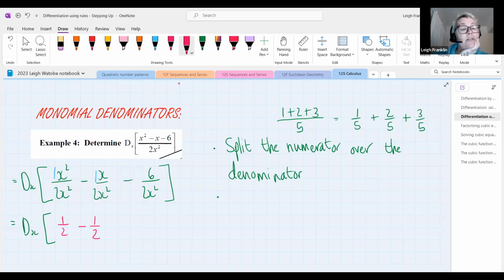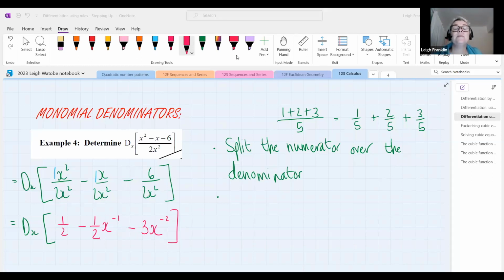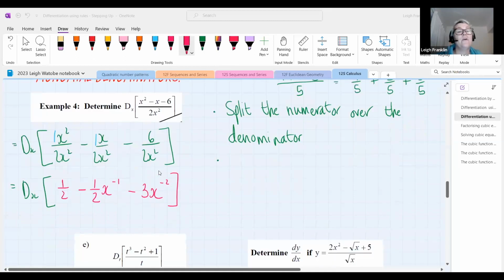X divided by x squared would leave me with x to the power of -1 when I divide like bases. I subtract my exponents. And then with the last term, 6 divided by 2 would leave me with 3. And I'm going to take my x squared to the numerator, and I've got to remember to change its sign. Okay, so all of this is very repetitive. I just keep doing the same thing over and over again.